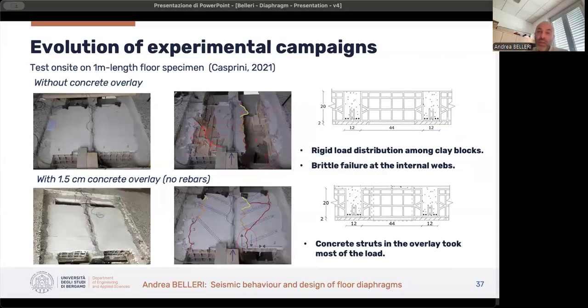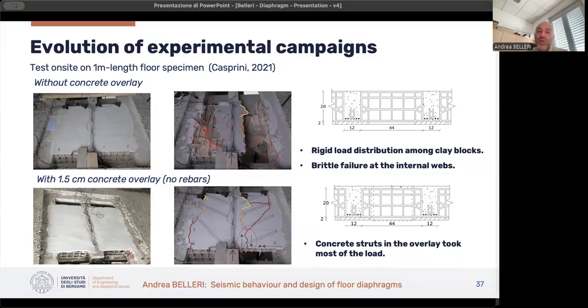Then in 2021, we had the chance to test these systems in real conditions, in a floor that needed to be demolished. So we managed to test two specimens with and without a concrete overlay. And in the case of concrete overlay, it was 1.5 centimeters of concrete with no rebars.